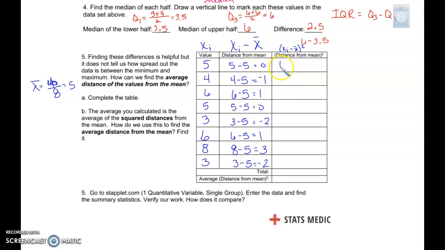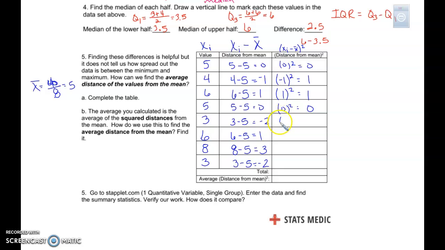You take 0, square it to get 0, and -1 squared to get 1. These are changing into positives, which needs to occur because when you take the average of them, if you don't have them as positives, your distance would end up being 0, so they cancel each other out. So you have to square them.